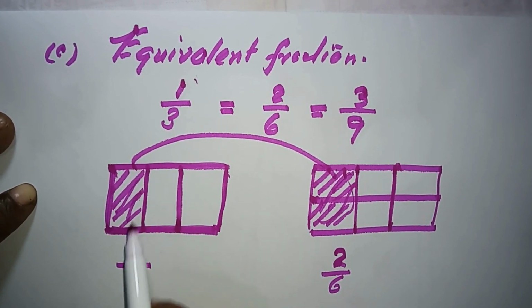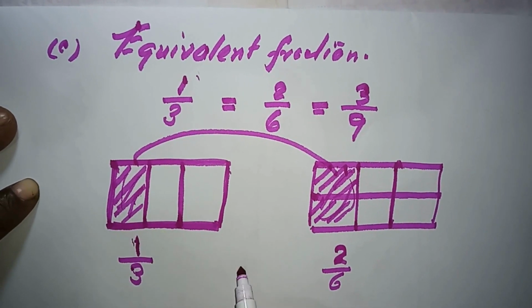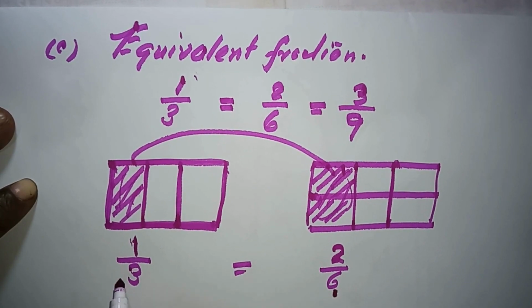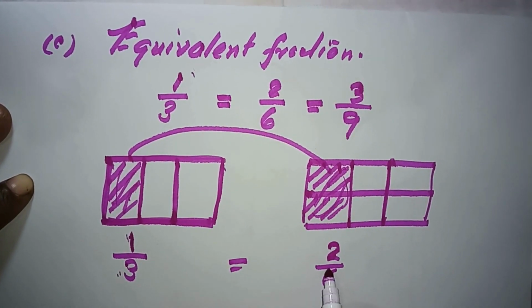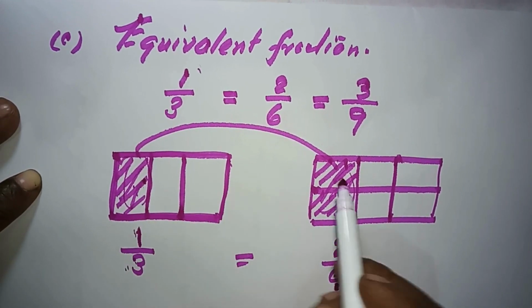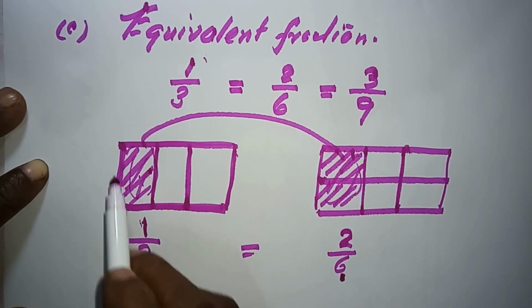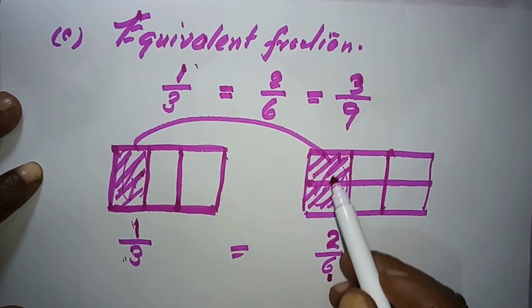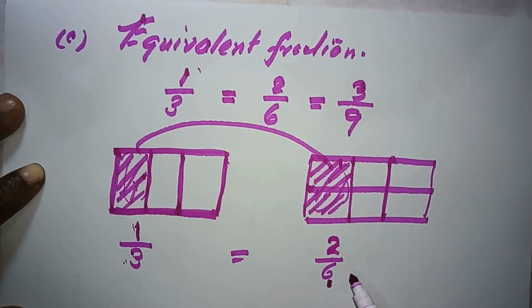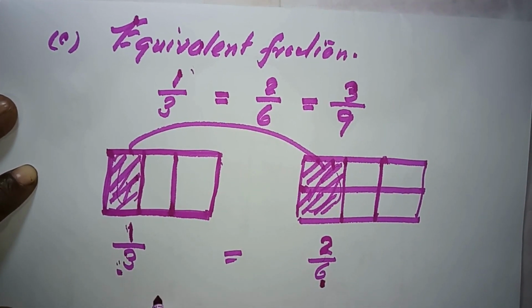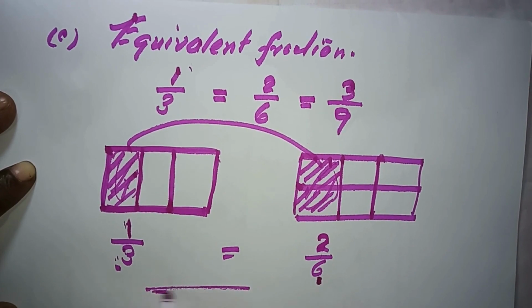So that means 1/3 is equal to 2/6. That means these two are equivalent fractions. Here the area is equal to the area of this part. But here it is 1/3, here it is 2/6 parts. But the area is same. So you call these equivalent fractions.